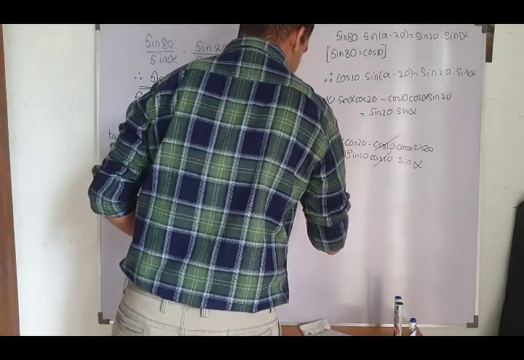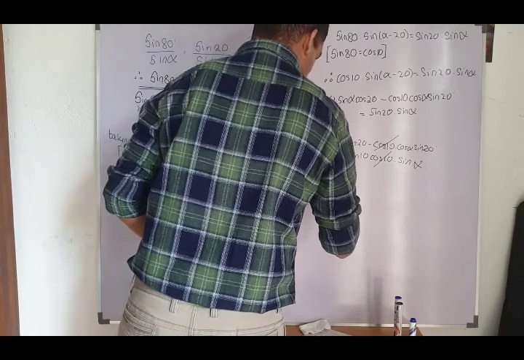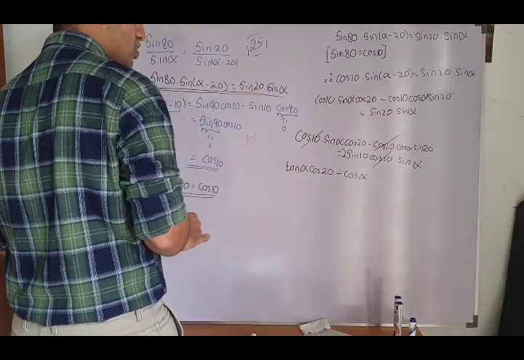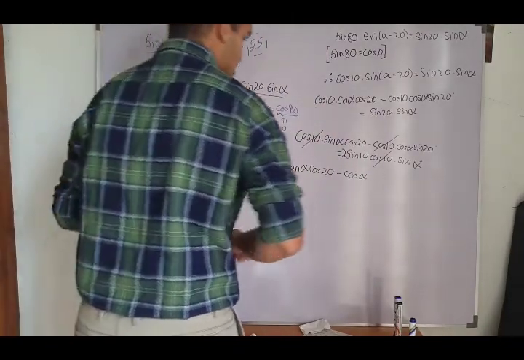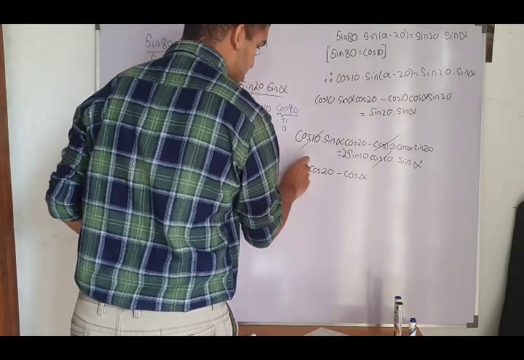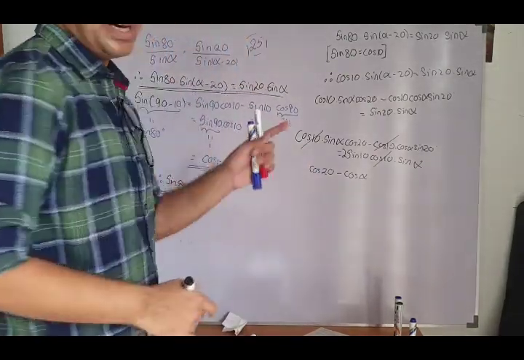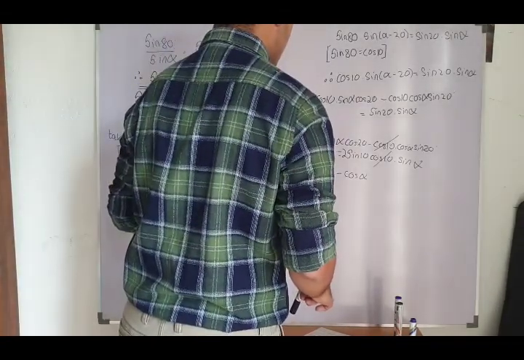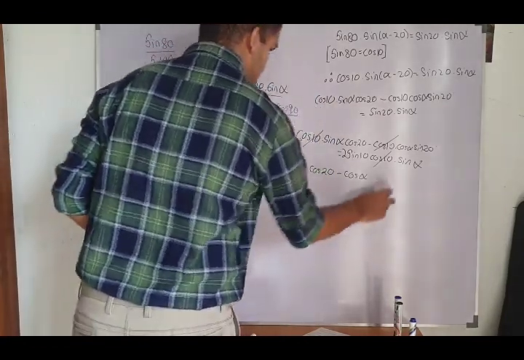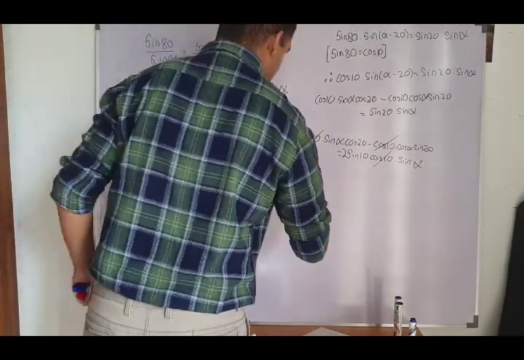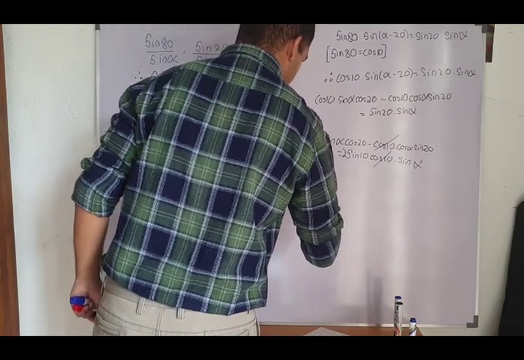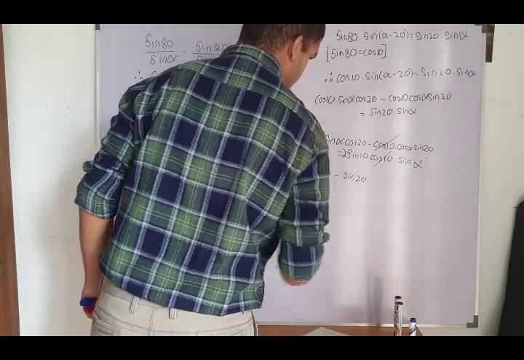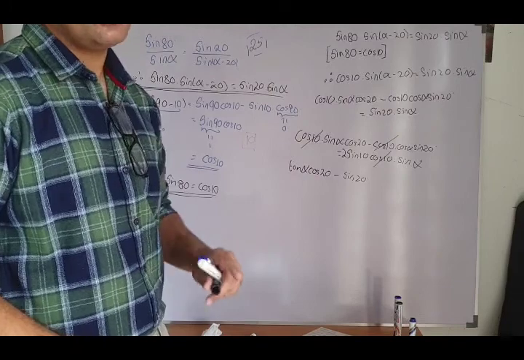So here we will get tan alpha cos 20 minus sine 20, since cos alpha divided by cos alpha is equal to 1.